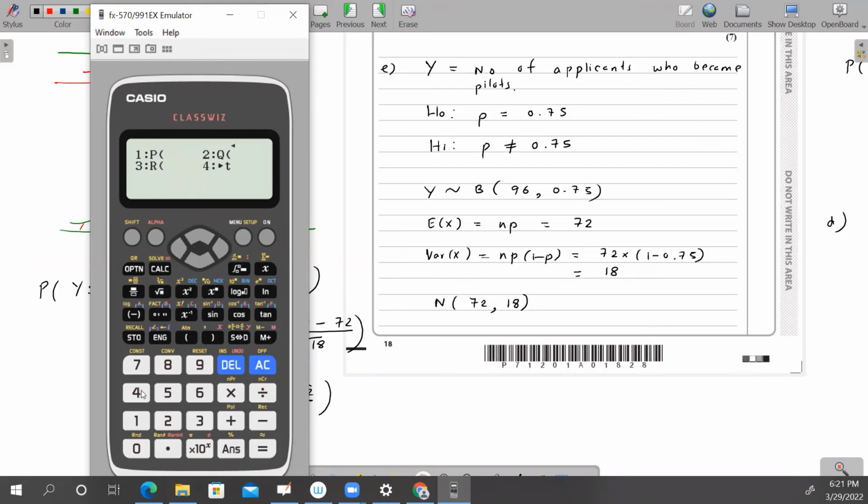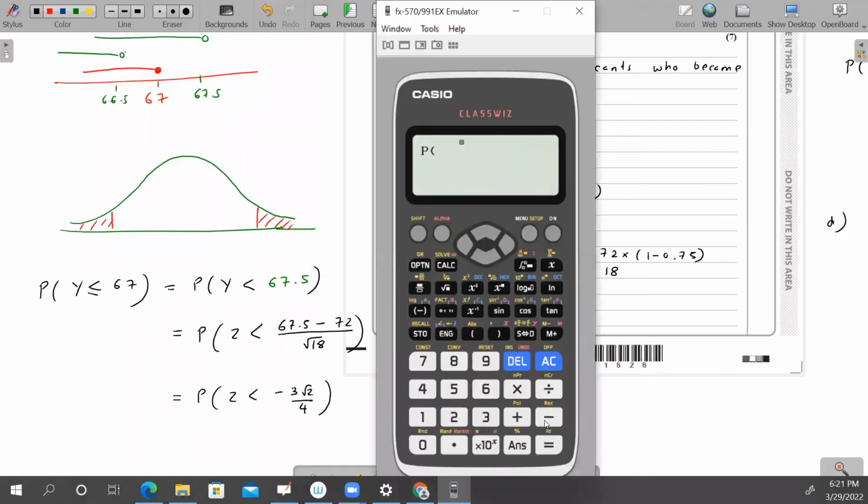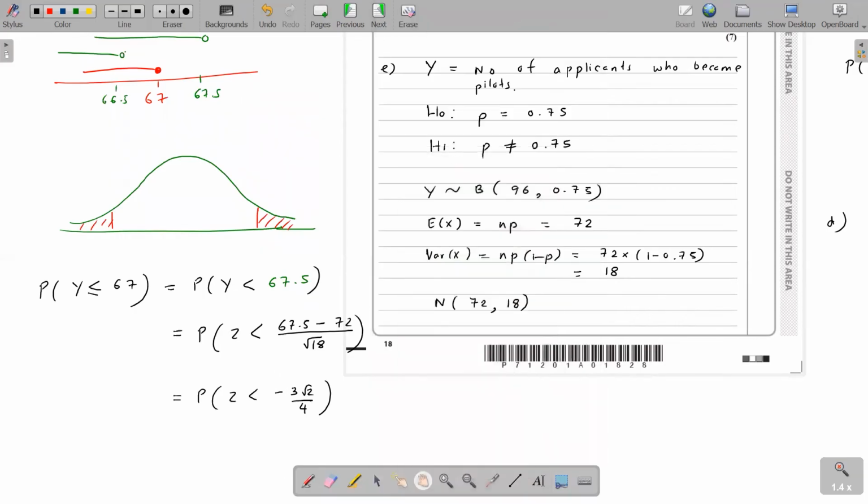The p-value means you get the area behind that certain figure. So I give minus 3 root 2, close the bracket, divide by 4, and I get 0.14442. So 0.144 correct to 3 significant figures.